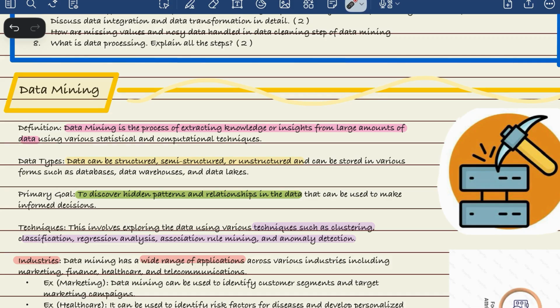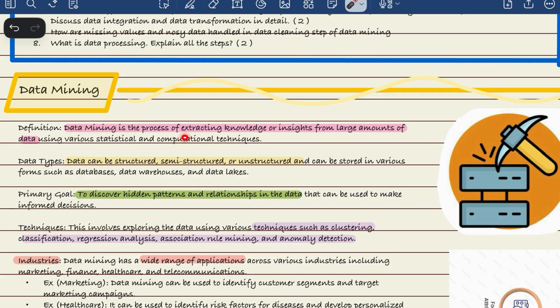Data mining is the automated process of exploring massive, complex data sets to extract hidden, previously unknown, I repeat, previously unknown and actionable patterns. So it is used today by every single industry.